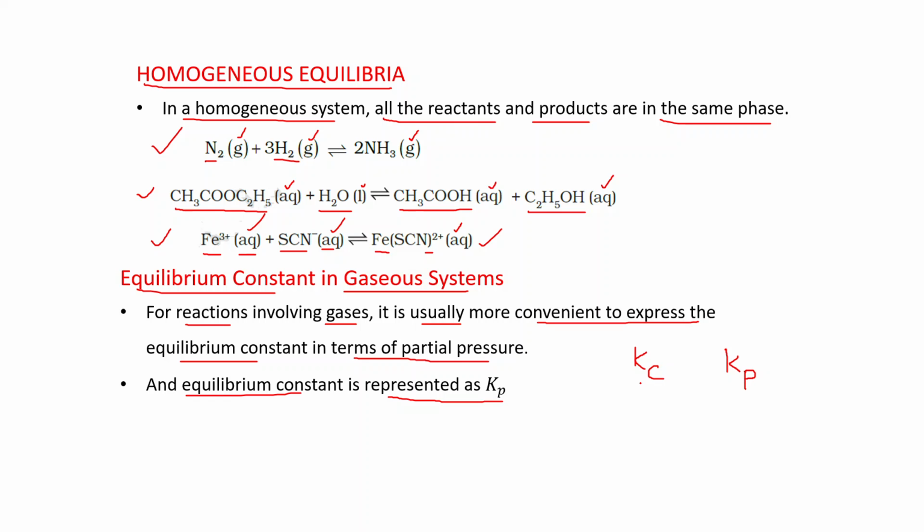When concentrations of reactants and products are expressed in moles per liter, that is, in molarity, we use Kc. But when gases are involved, it is convenient to express them in terms of partial pressure, and then we use Kp. The relation between Kp and Kc we will discuss in the next video.